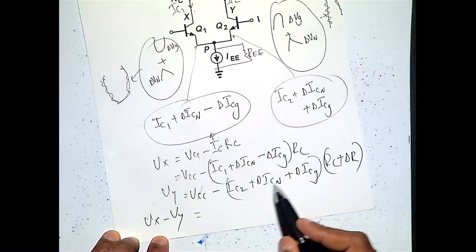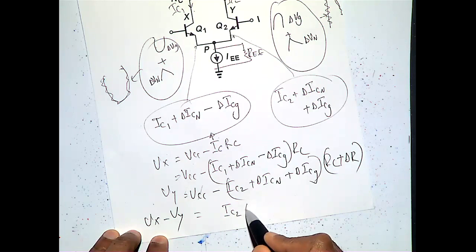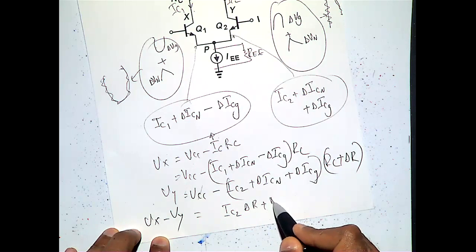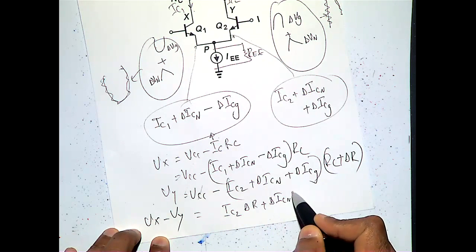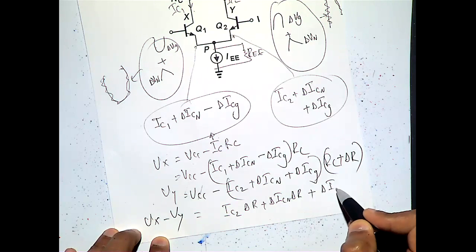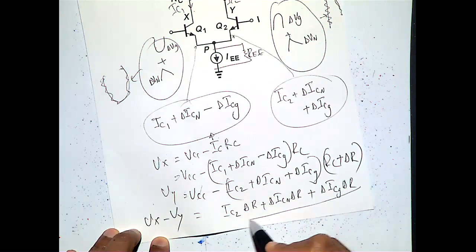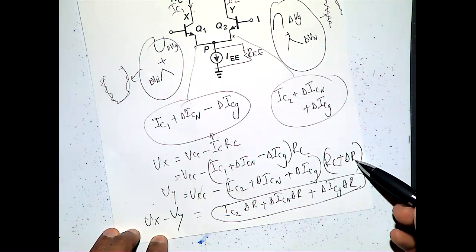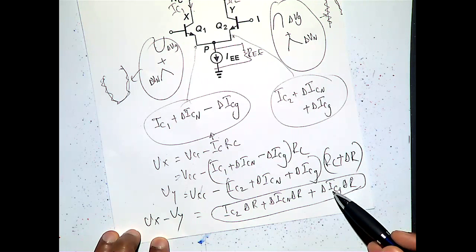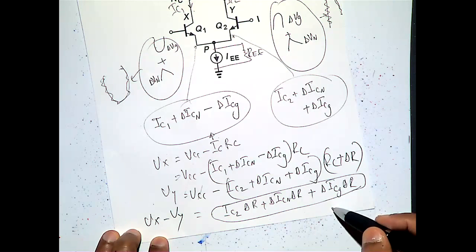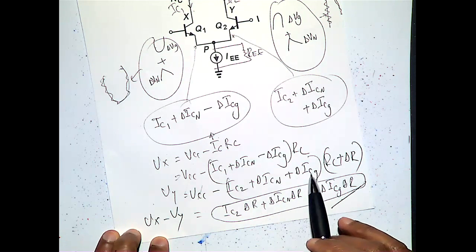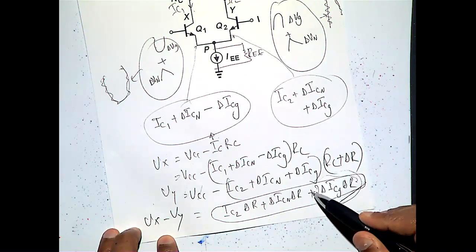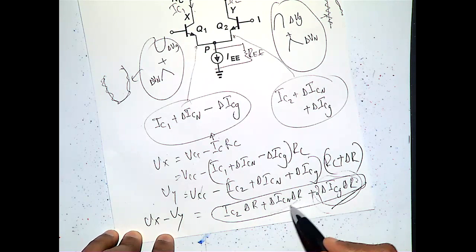So now you are getting IC2 into delta R, then plus delta ICN into delta R, plus delta ICG into delta R. See, this is the component that will be staying there because of this delta R. And when this component is staying there, you can see this is due to the signal, so this will become 2 times. Yep. So this is due to the signal, your differential signal. And this one is due to the noise.